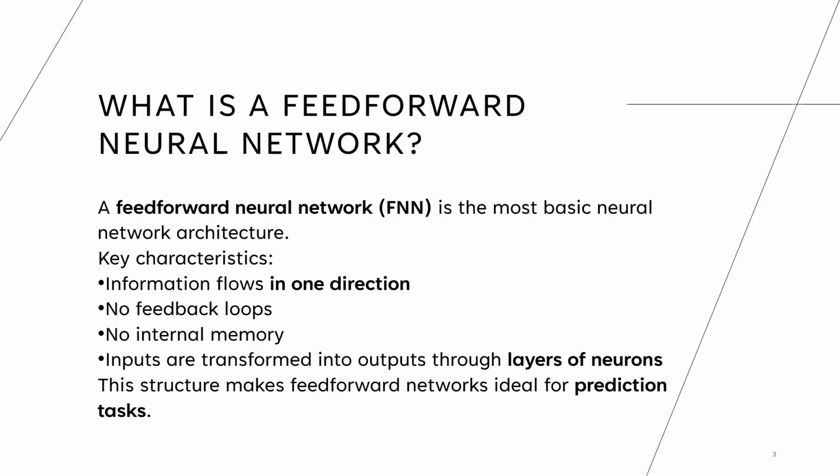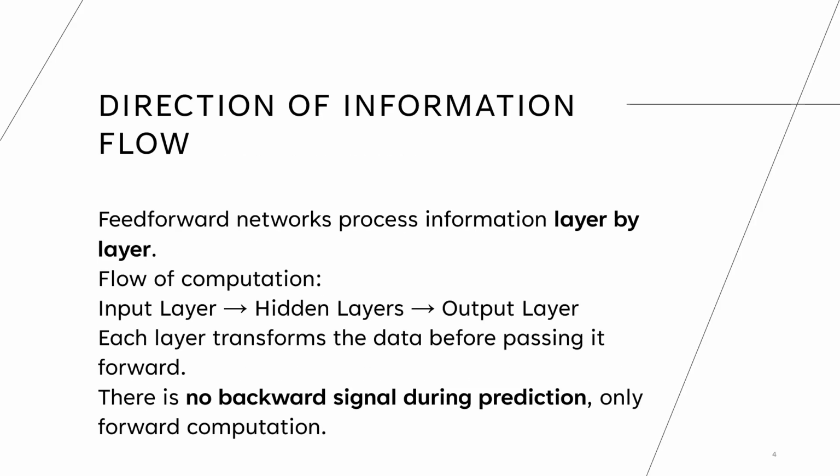Through this sequence of transformations, the network learns how to convert raw input data into meaningful outputs. Because of this structure, feed-forward neural networks are particularly well suited for prediction tasks, where the goal is to map inputs directly to outputs.